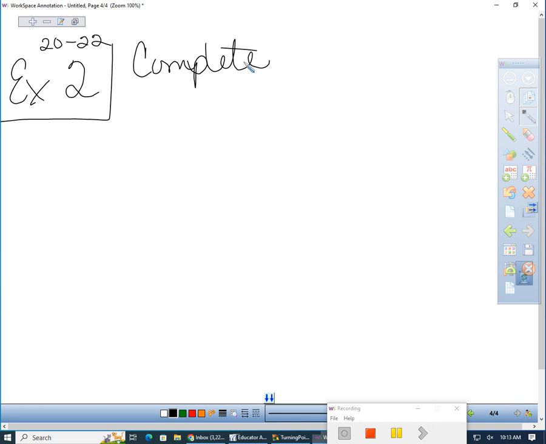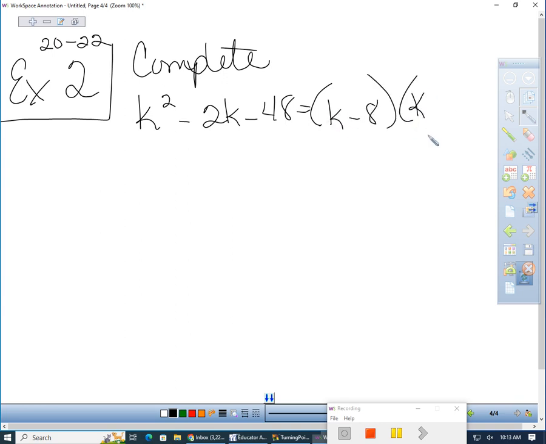They might give you something that looks like this. K squared minus 2k minus 48 equals k minus 8 times k plus, and they leave a blank. So they want you to complete it and fill in the blank.